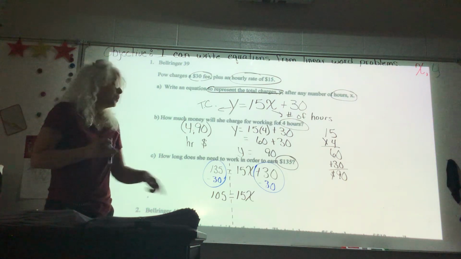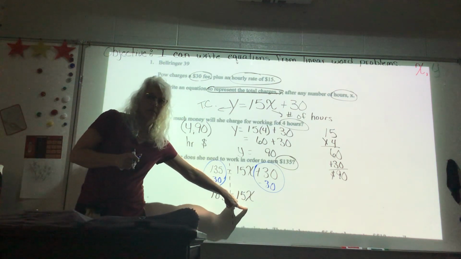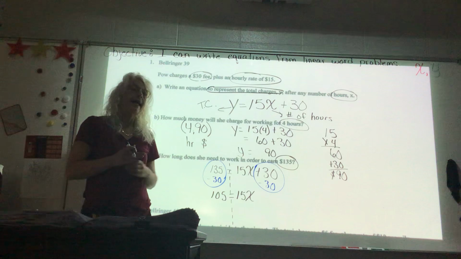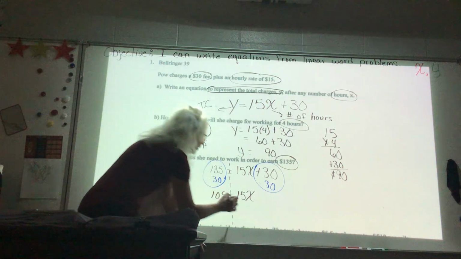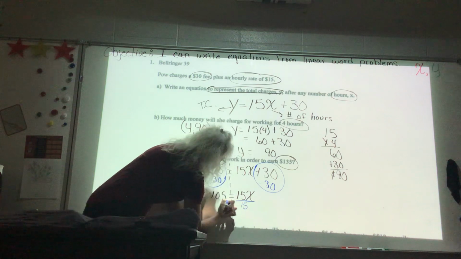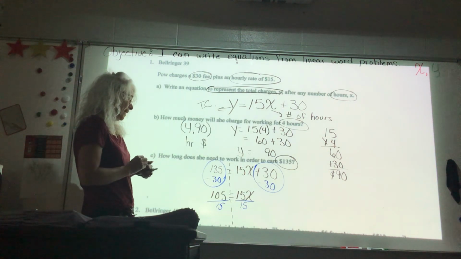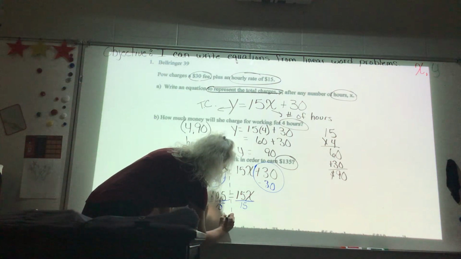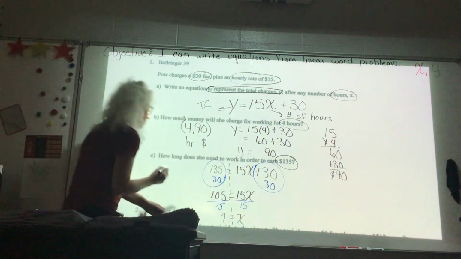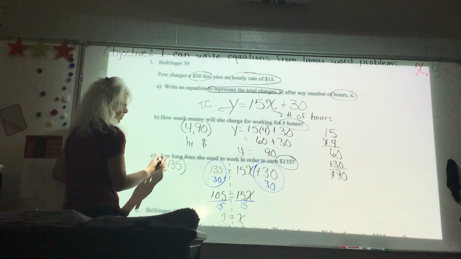No. So is there anything in between the 15 and the x? No, so that means to multiply. How am I gonna rip that 15 away from it? Divide. And what is that? 7. So in 7 hours, she would charge $135.